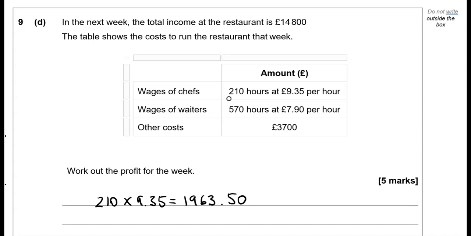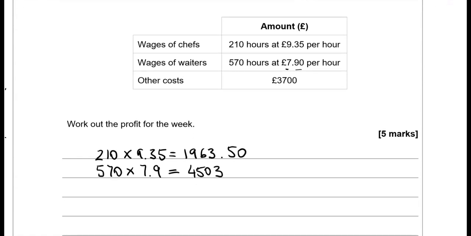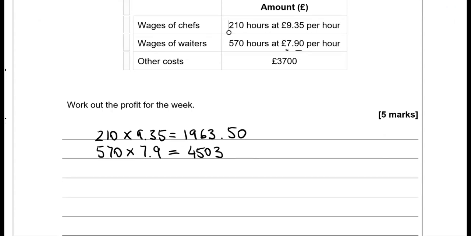Then we've got wages of waiters, 570 hours at £7.90 per hour. So 570 times 7.9, which is 4,503, and other costs 3,700.